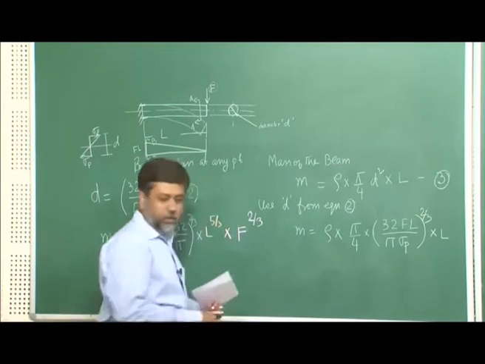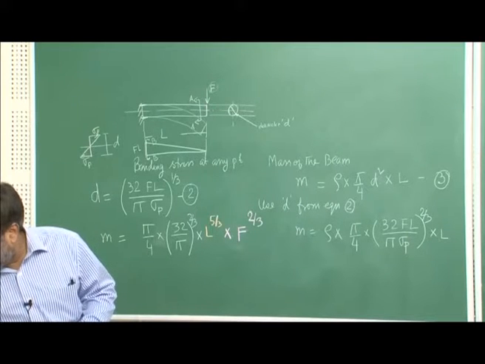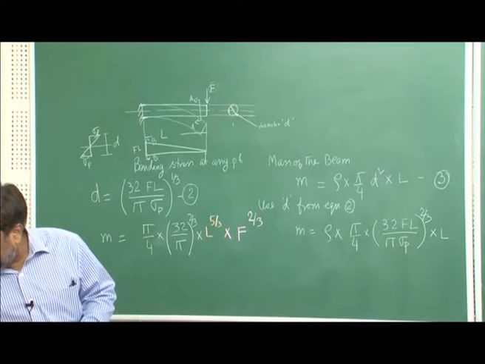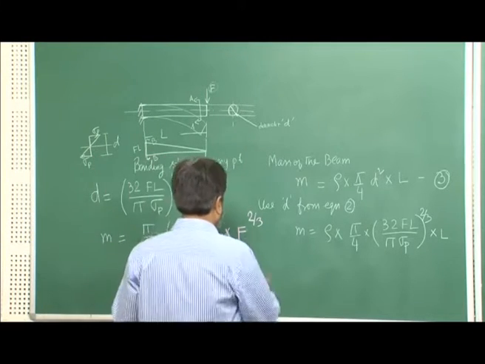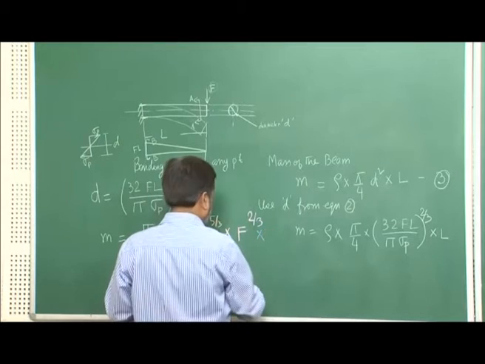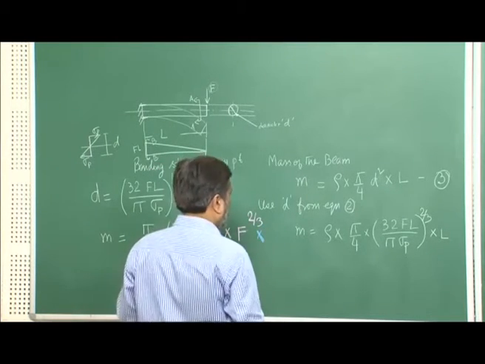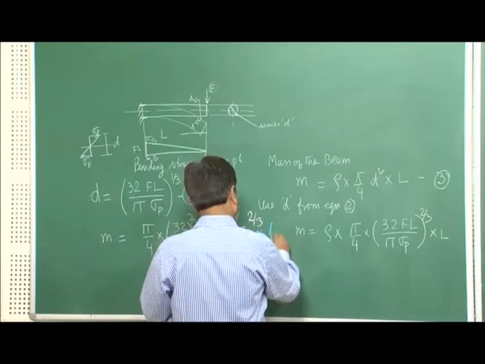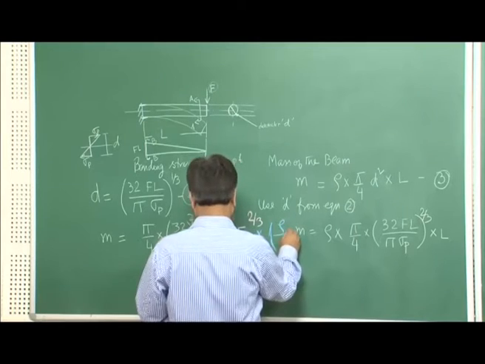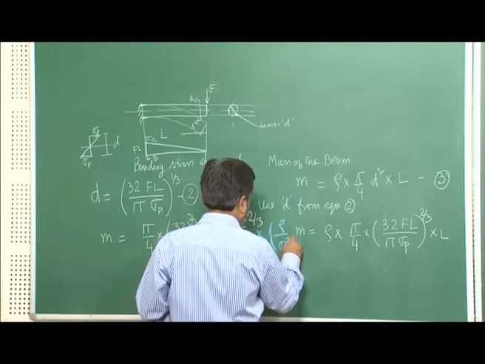And finally, we boil down to the materials part of the system, so that we can write it as multiplied by rho over sigma p to the power 2/3.